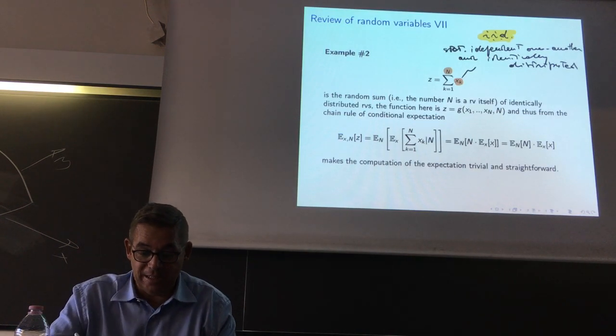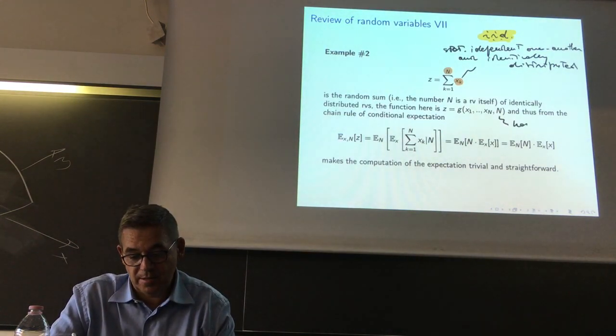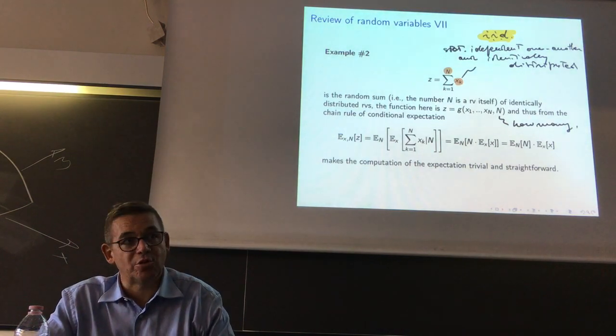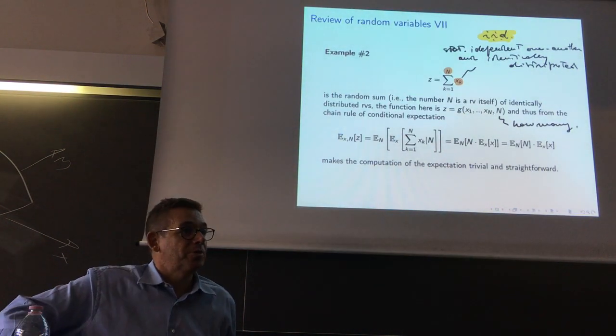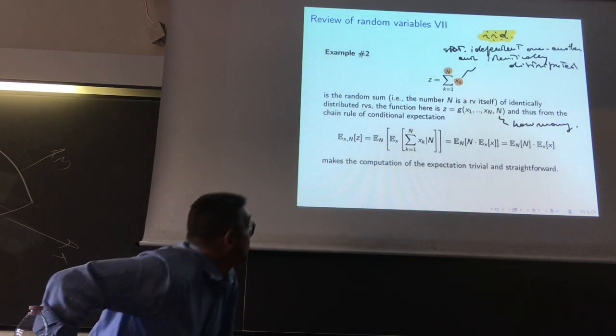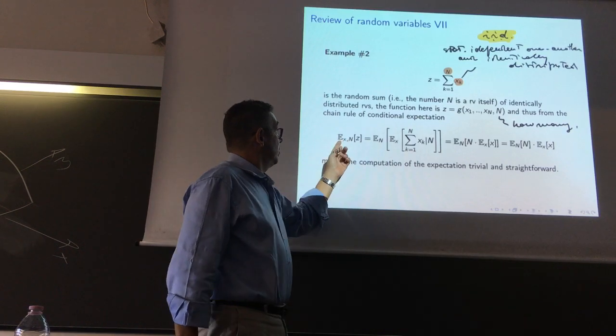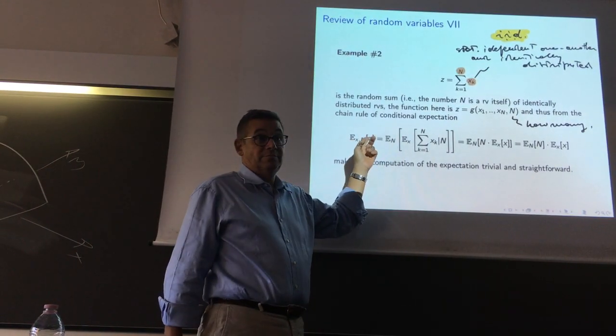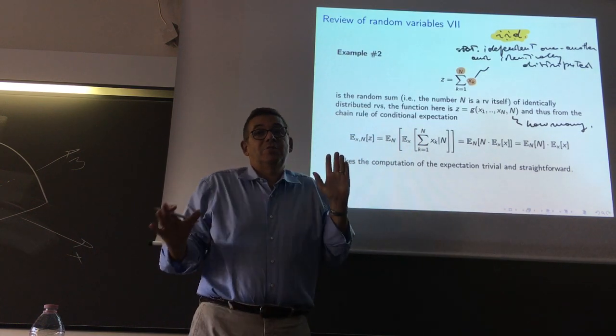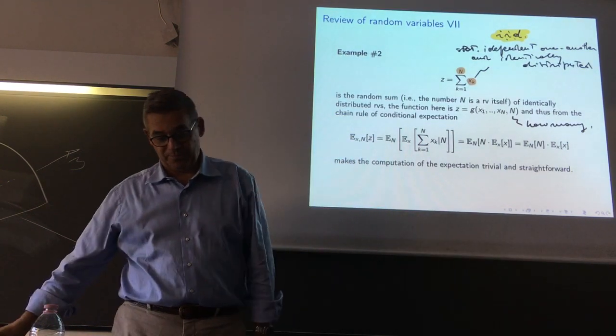So how many is a random variable itself. So how do I compute? I need to compute the expectation with respect to all the random variables and n.